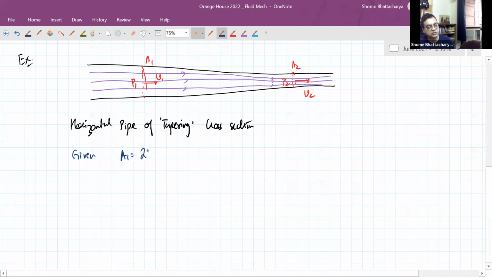Suppose A1 is 20 centimeters square, A2 is 10 centimeters square, and V1 is 0.5 meters per second.